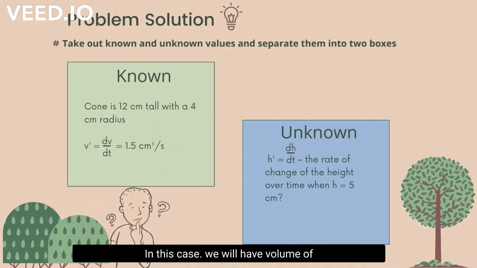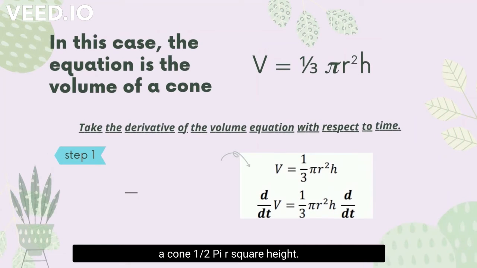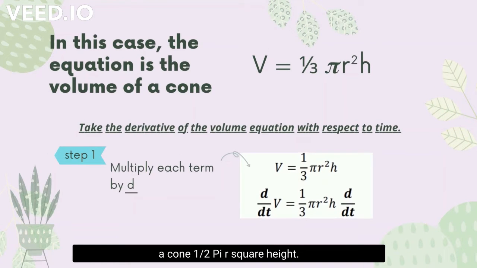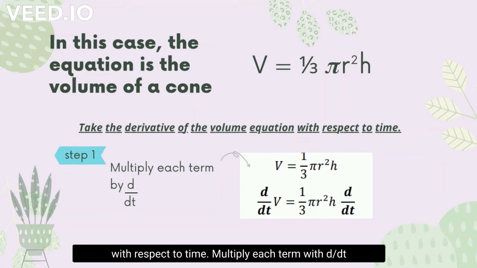In this case, we will have the volume of a cone, 1 over 3 pi r squared h. Take the derivative of the volume equation with respect to time. Multiply each term by d over dt. From the formula, we will get d over dt of volume equals 1 over 3 pi r squared h d over dt.